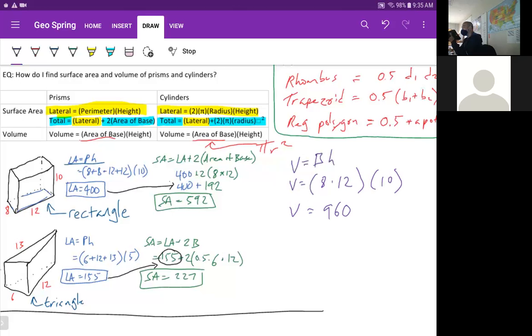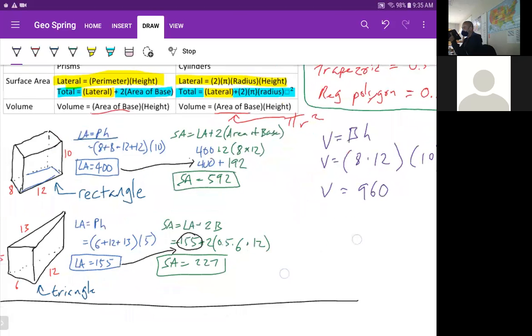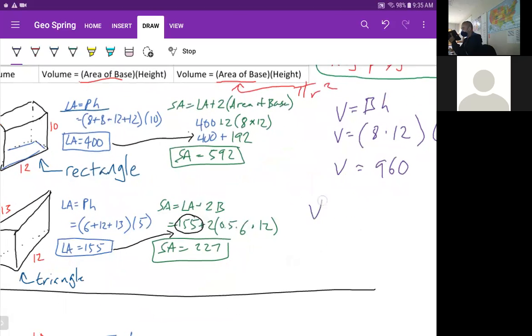This other one, this triangle here: volume equals area of the base times height. Now this time it's a triangle, so it's 0.5, the height of the triangle is 12, and then the base is, was that 6?